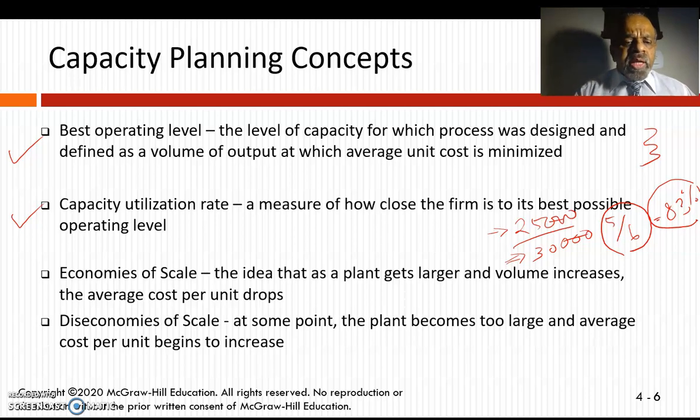We all know what the economies of scale is. As a plant gets larger and volume increases, the economies of scale tells you that the average cost per unit drops. Diseconomies of scale, at some point, the plant becomes too large and the average cost per unit begins to increase.